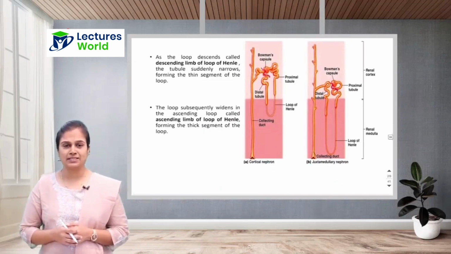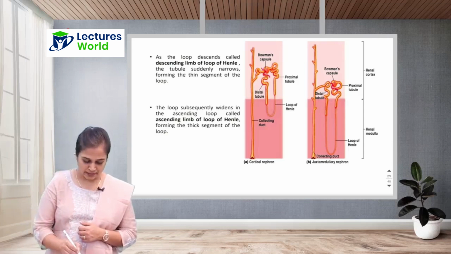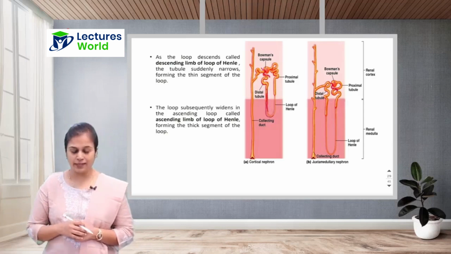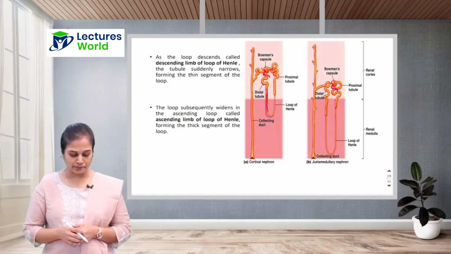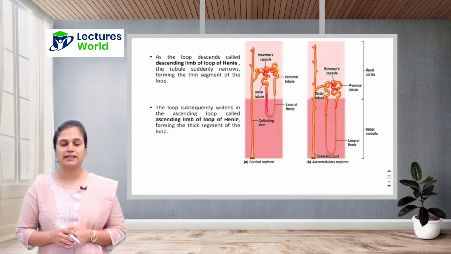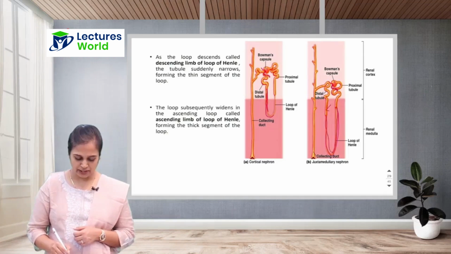As the loop descends, it is called the descending loop of Henle, and the tubule suddenly narrows, forming the thin segment of the loop. You can see it is very thin. This one is wider and suddenly it becomes very thin.